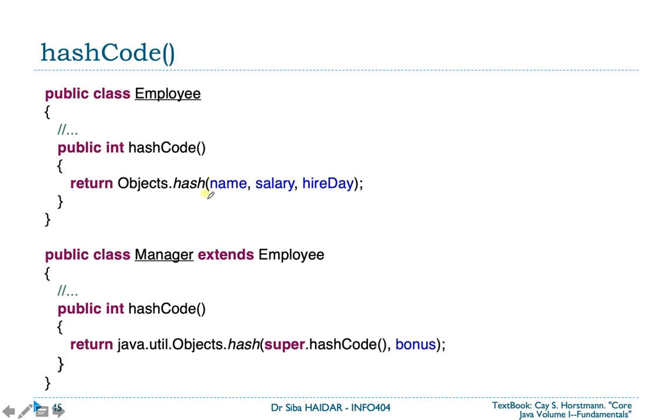So here you pass name, salary, and hire day. And in the subclass method, of course, you will use super.hashCode as one parameter of the Objects.hash method. So you will use it and you will pass the additional parameter because this version of hashCode must match the version of equals in which we have allowed overriding of equals.